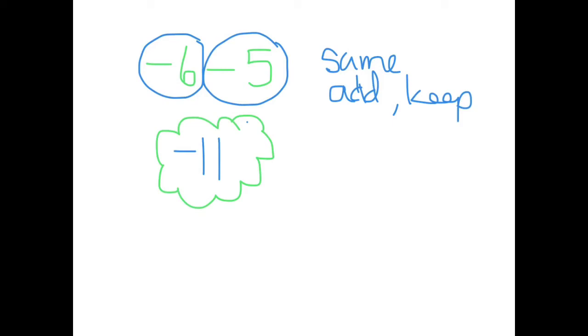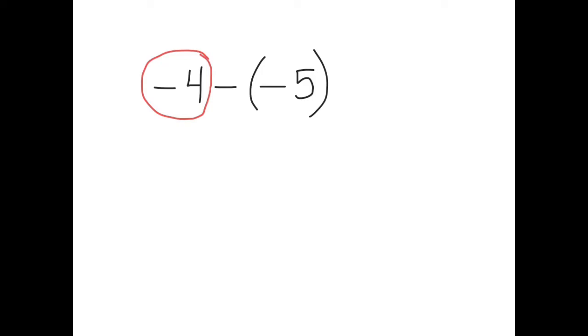All right, let's do a couple of examples that are tricky. This first example that I want to do is the problem negative 4 minus a negative 5. Now I want you to notice when I circle my terms, I have a negative 4 and I have a negative 5.